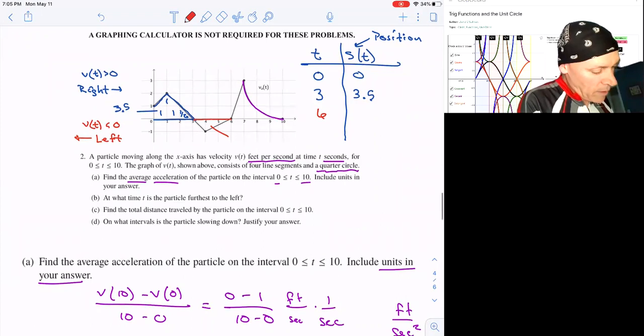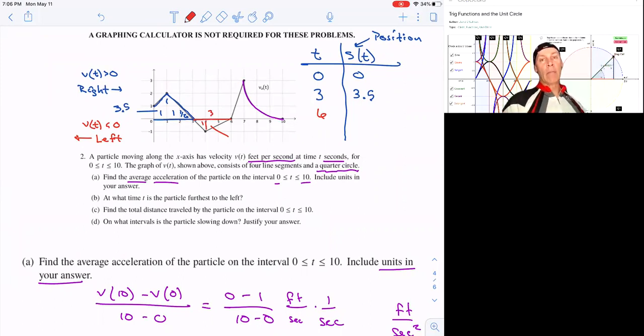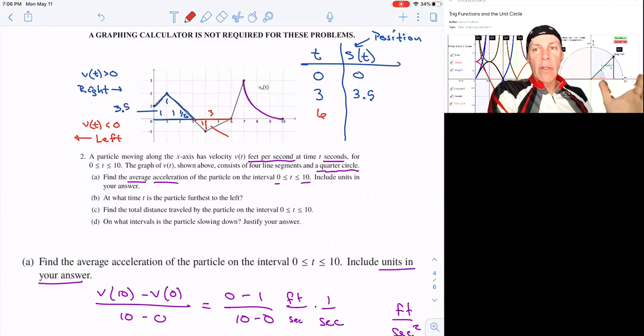It looks like the triangle has a base of 3 units and a height of 1 unit. So that would be 1/2 times 3 times 1, or 3/2. So the particle moves 1.5 units back to the left.